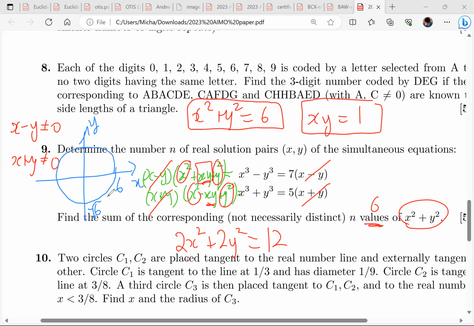So this is minus root 6. And if I were to graph xy equals 1, that's also something common to school. It's a hyperbola that looks like this. You can see there are 4 intersection points, so that means there are 4 solutions that give you 6, so it contributes a total of 24.